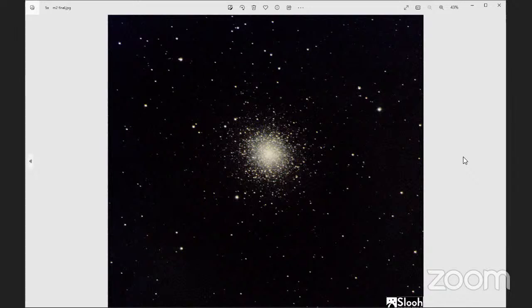The M13 images that I showed, that core is very, very dense, but the belief is that stars are close together at the rate of approximately 1 star for every cubic light year. So if you thought of a box and it was a light year in every direction, you would have a star every light year. So that's M13. Other clusters that we'll look at later have black holes.